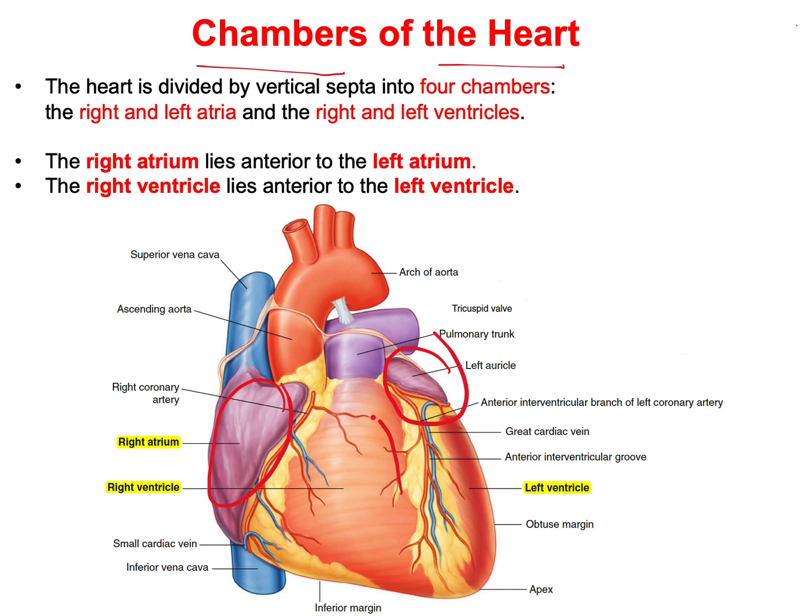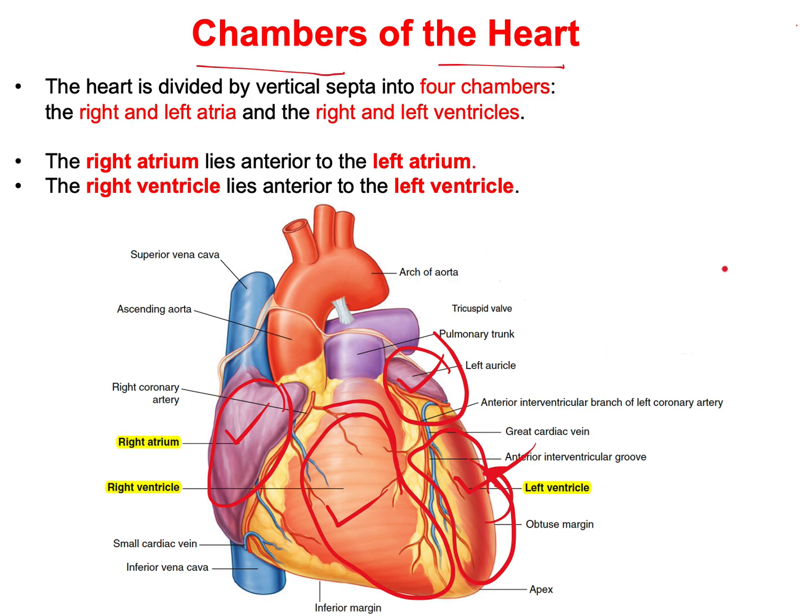And there is a right ventricle here, and posterior to it there is a left ventricle, of course, posteriorly as well. So four chambers, and the right atrium and right ventricle are anterior to the left atrium and left ventricle, respectively.